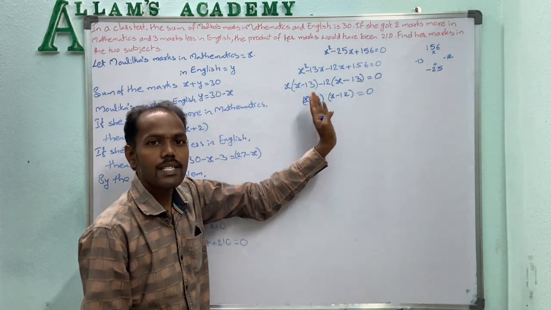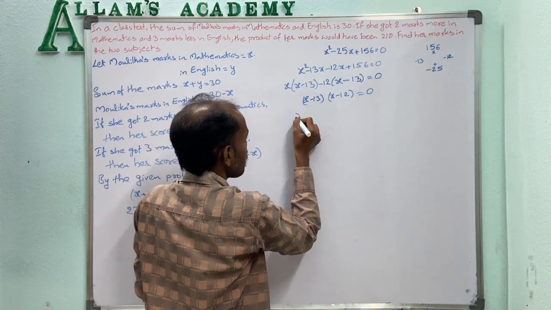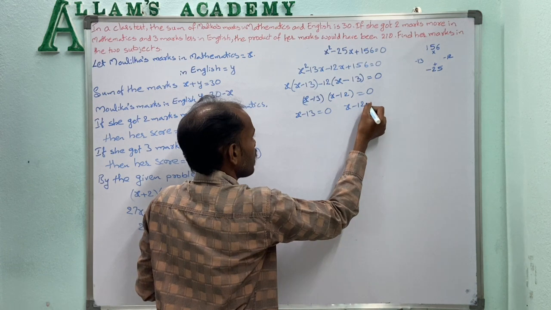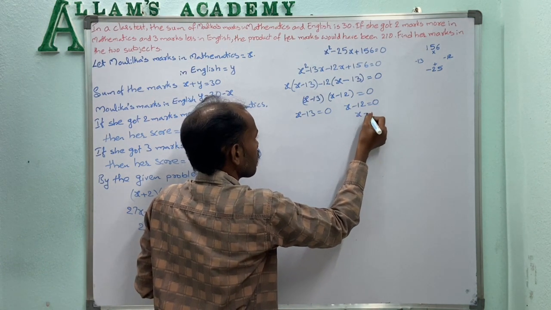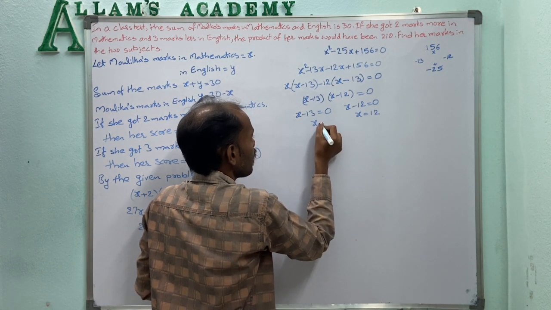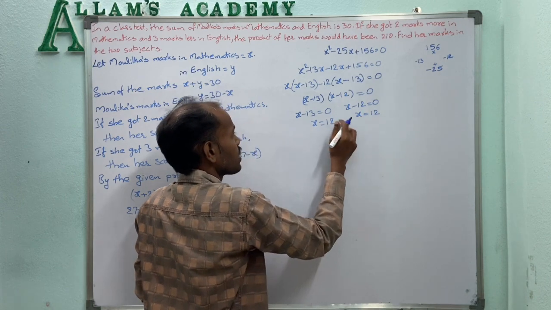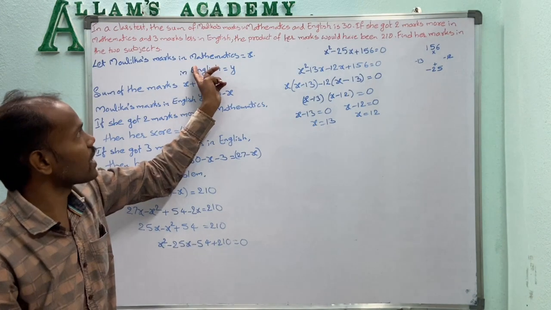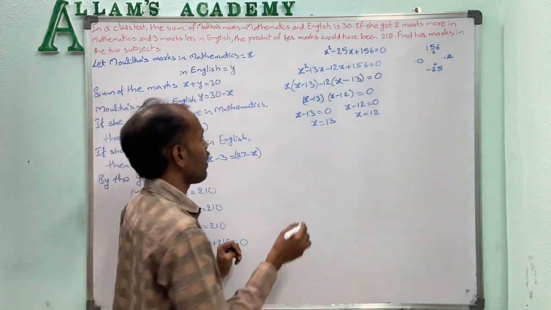That means either x minus 13 equal to 0, or x minus 12 equal to 0. If x minus 13 equal to 0, then x equals 13. If x minus 12 equal to 0, then x equals 12. So the x values are 12 and 13. x is the mathematics marks.